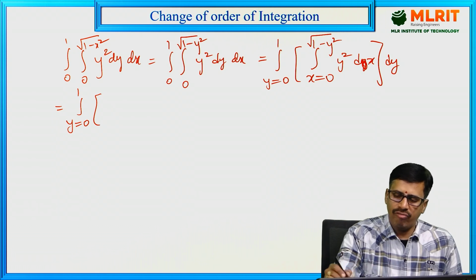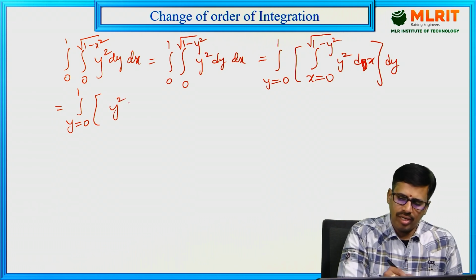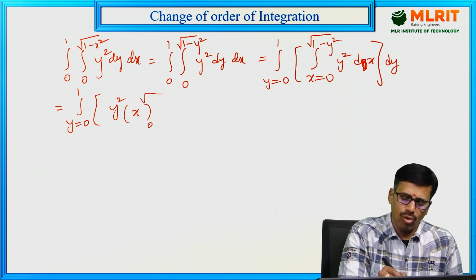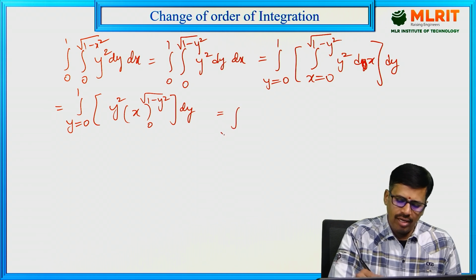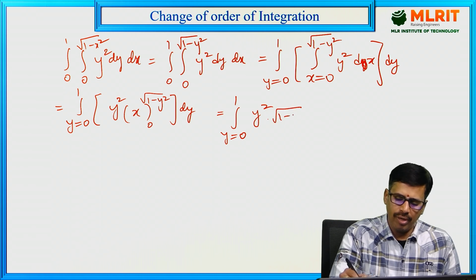So integration of y square dx is y square into x, for x limits 0 to under root of 1 minus y square, now dy. So integral y is equal to 0 to 1, y square into, in place of x write down the upper limit, root of 1 minus y square dy.